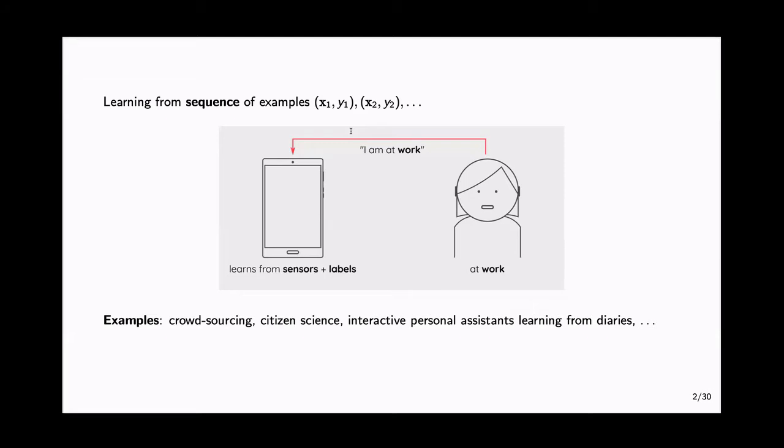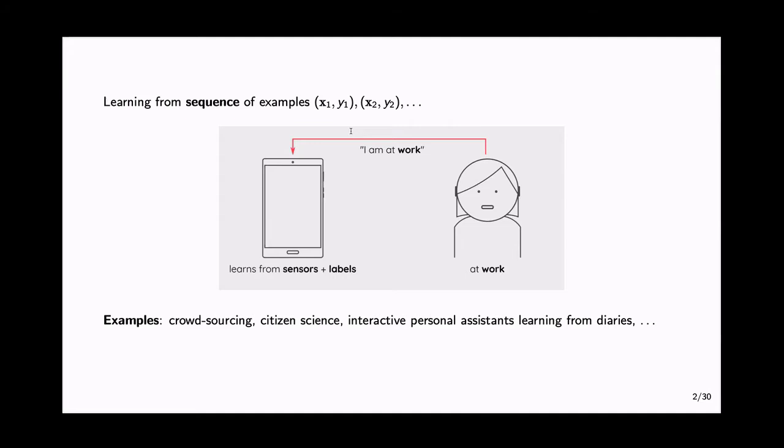Imagine that you have a personal assistant installed on your mobile phone, which collects sensor data like GPS, accelerometers, and tries to understand your location. To do so, the personal assistant needs to ask the user particular questions about where you are, in order to learn to recognize the location of the user.